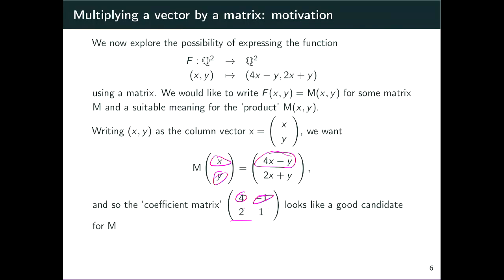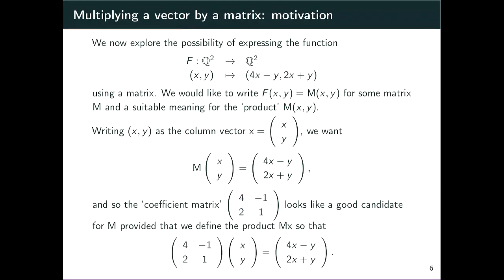Then you go to the second row, and you'll do 2 times x plus 1 times y. So as long as we define the product in a nice way like this, we can do this sort of transfer of a linear function into a matrix.